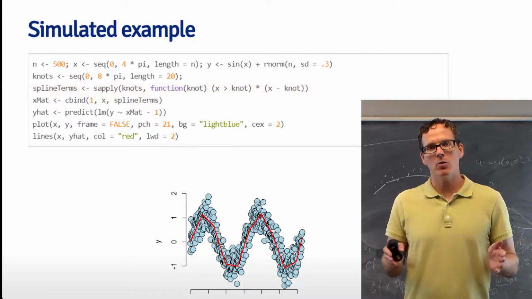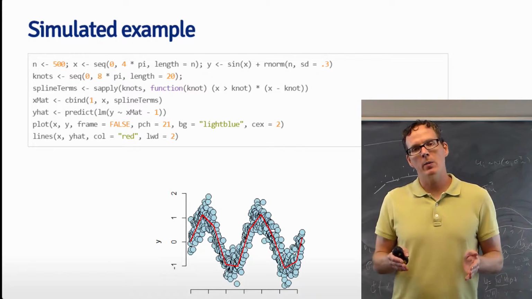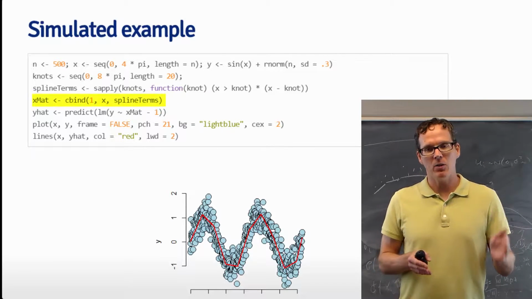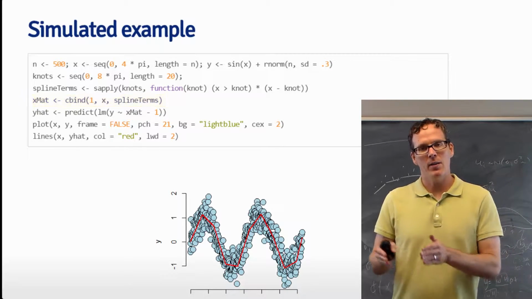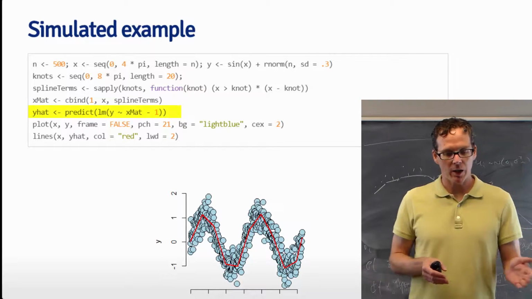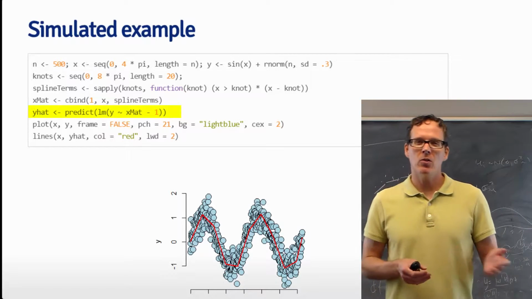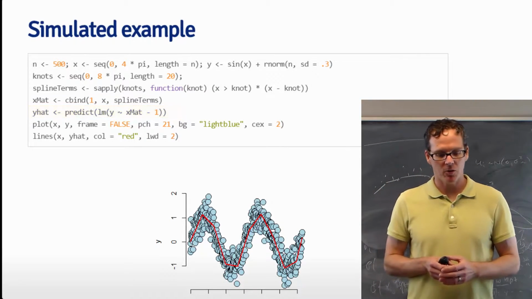So now I have a matrix of these knot terms, and I create my x matrix by adding an intercept term, which is just a constant, my slope coefficient term, which is just x by itself, and then these spline terms. Then I just fit a linear model, y on this collection of predictors. I took out the intercept because I included the intercept in my x matrix.